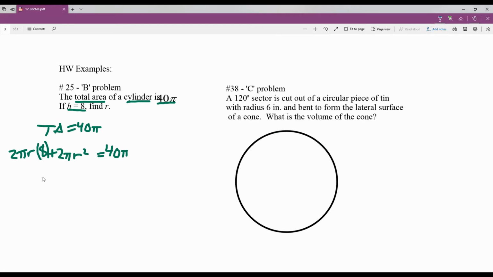All right, so now all we have to do is just a little bit of algebra. So here, this is going to be 16 pi r, so 16 pi r plus 2 pi r squared is equal to 40 pi.